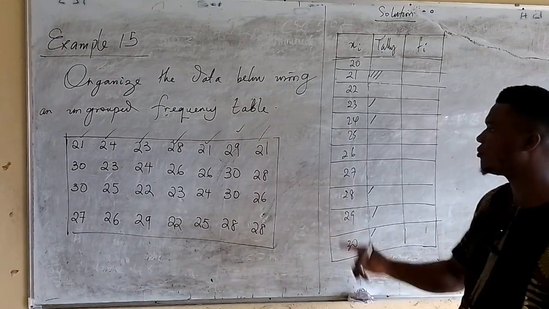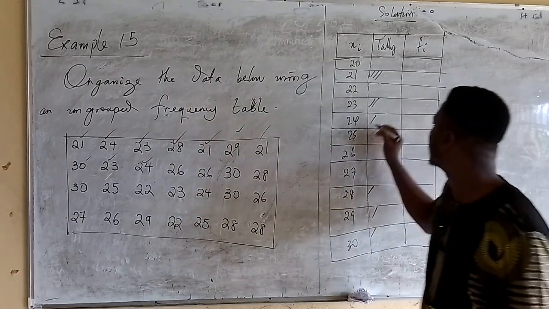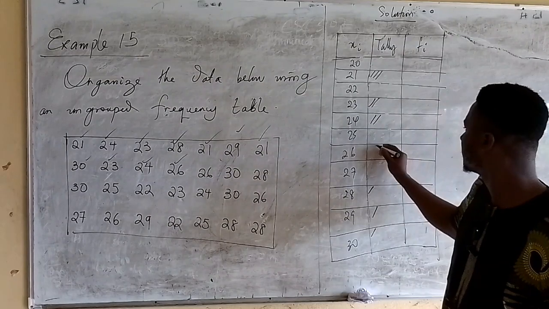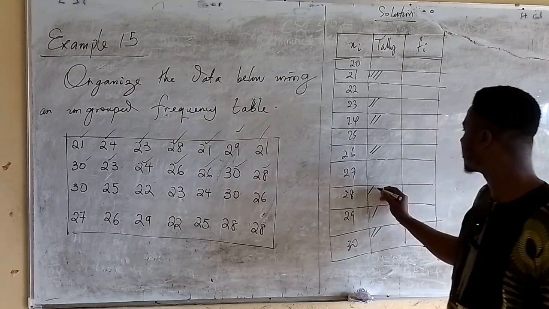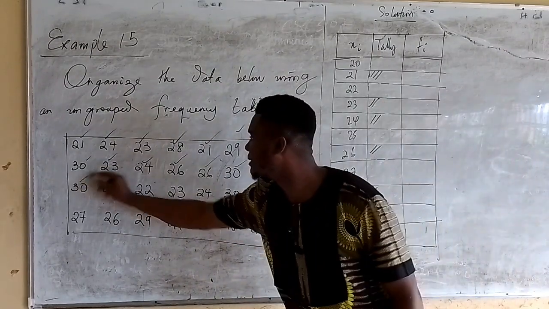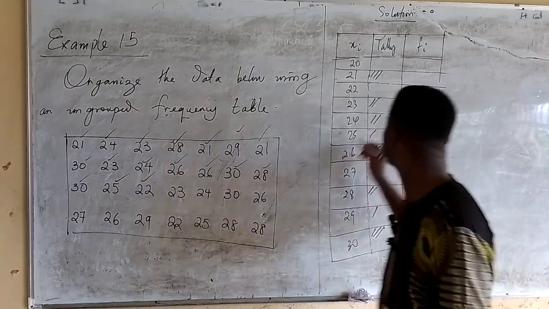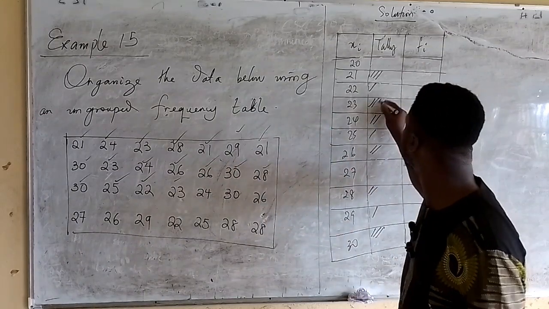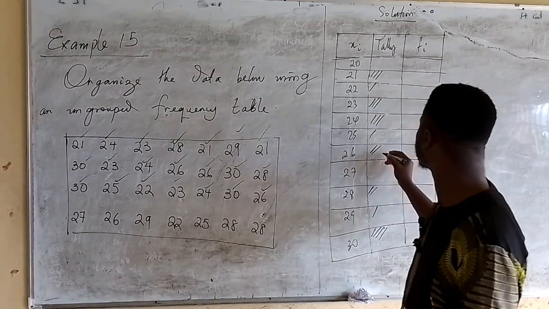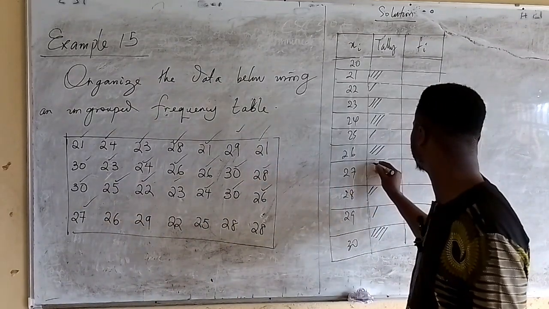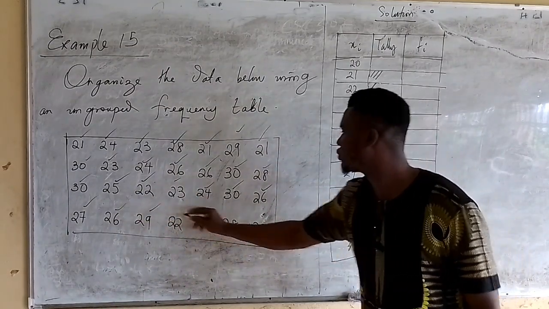30. 23 down. 24. 26. 26 again. 30. 28. I hope you follow what we are doing. 30. 25. 22. 23. 24. 30. 26. 27. 26. 29. 22.